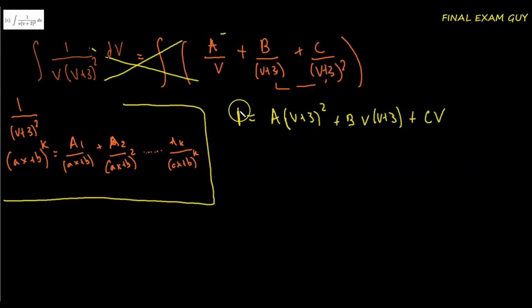That's what you get for cross multiplying all that out. Now we pick values of v that cancel certain things out, so that we can isolate for either A, B, or C.